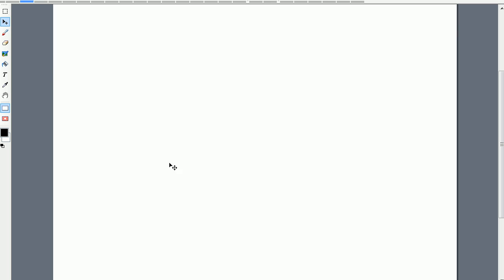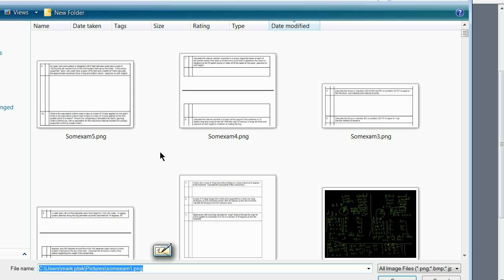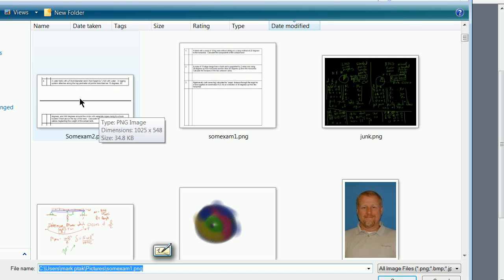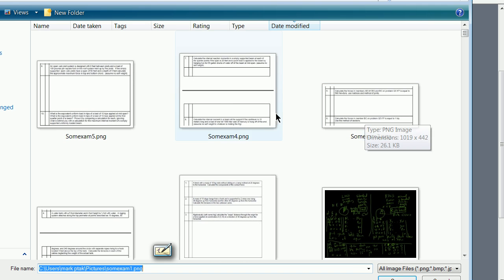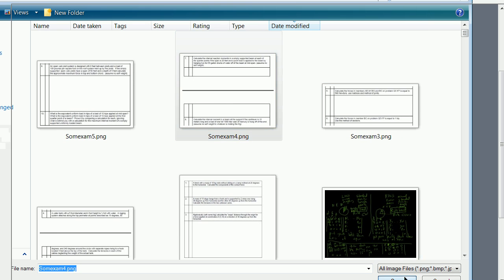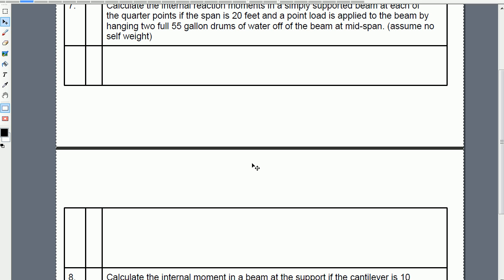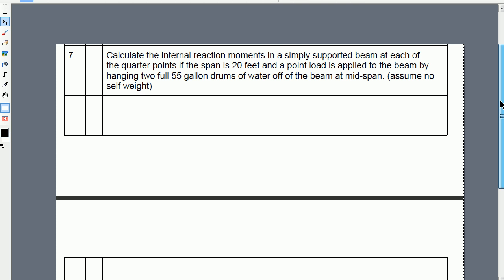Edit, undo, file, import a layer image. Looking down here, 1, 2, 3, 4. Let's see if we can bring that in. And now we have this next one.